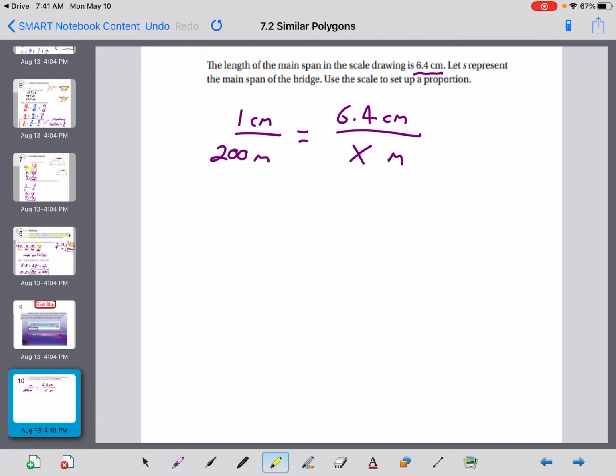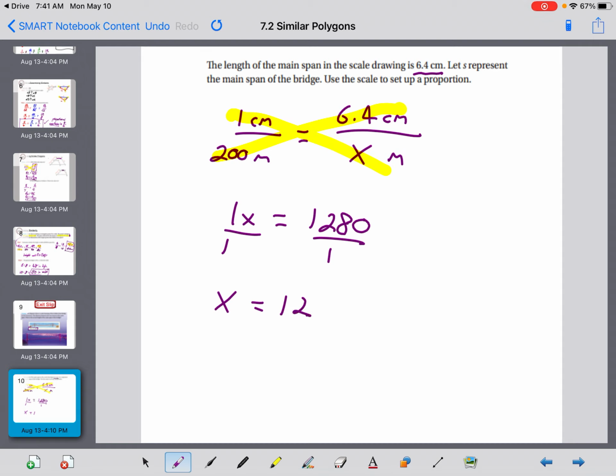How long is it in real life? So again, cross multiply. 1 times x is 1x. 200 times 6.4 is 1280. Divide both sides by 1, and x equals 1280 meters.